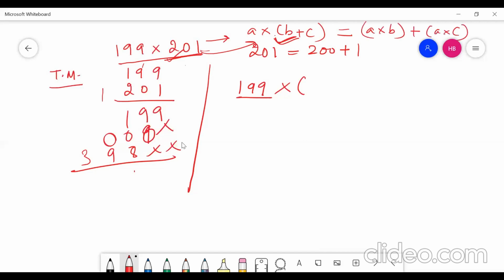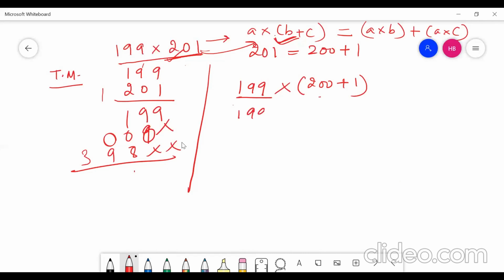And why would I want to do this in the first place? Because I know this calculation is very tedious, and if I can just break 201 into 200 plus 1, it would be very easy for me to do the calculations. How? Because I know 199 into 200 is easier to do. 199 into 1 is easier to do, and that's why I chose to break 201 as 200 plus 1.